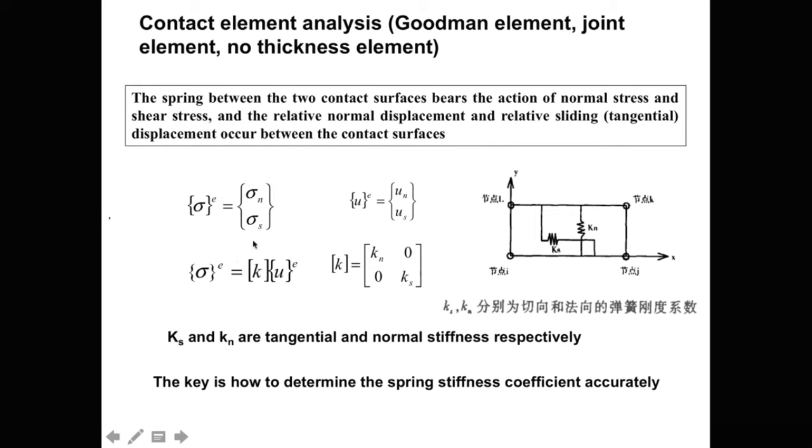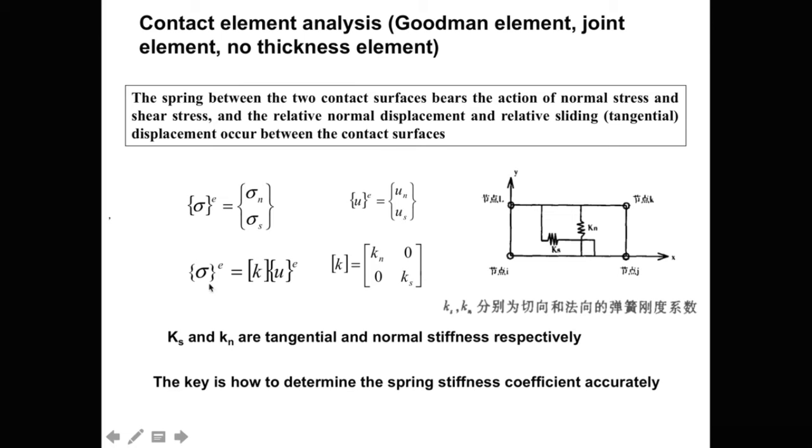Then we create a stress vector, including two components, normal stress and shear stress. Then this is the displacement vector, including the normal displacement and shear displacement.